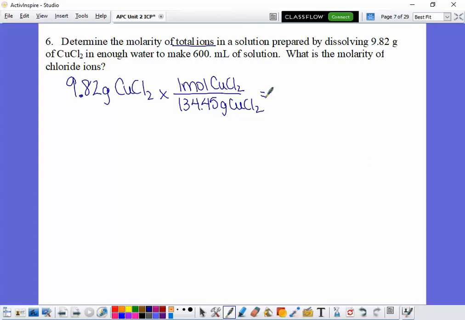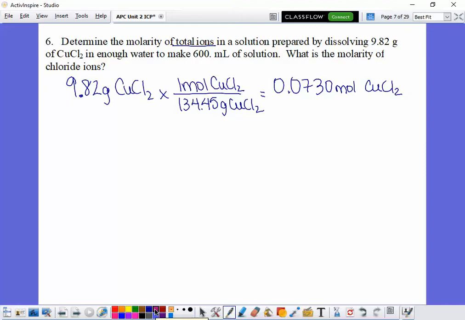And how many moles is that? 0.0730 moles of copper 2 chloride.